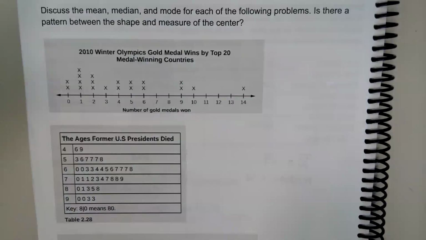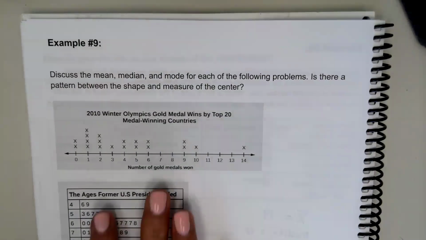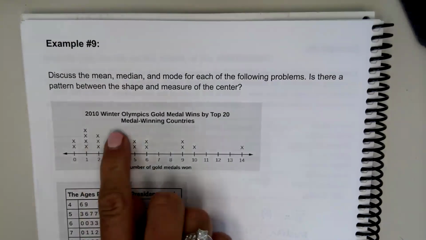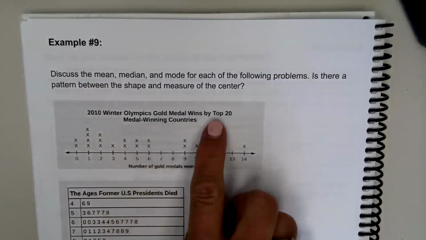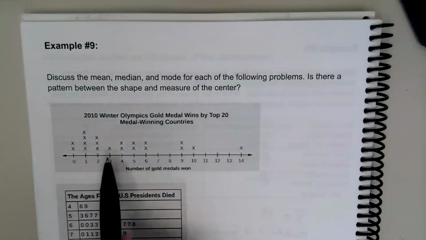Our last example for lesson 3.1 is example 9. So example 9 says, discuss the mean, median, and mode for each. And so here are some graphs to go over this again. So this is the 2010 Winter Olympics gold medal wins by top 20 medal winning countries. So this would be the number of countries that scored this many gold medals.